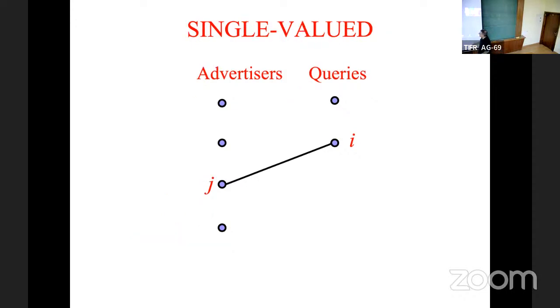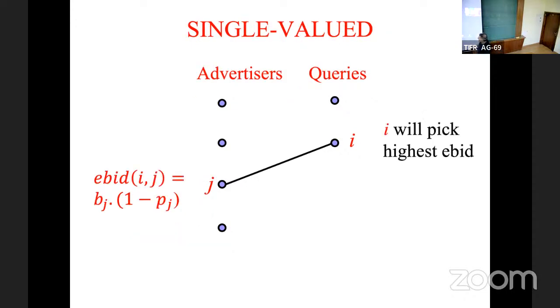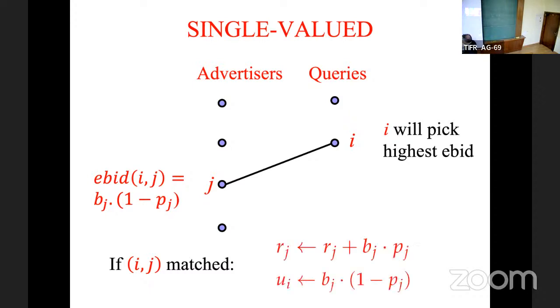And for this problem, the effective bid of j for i is defined to be b_j times 1 minus p_j. Again, p_j's are flipped at random. And i is matched to the j with the largest effective bid.